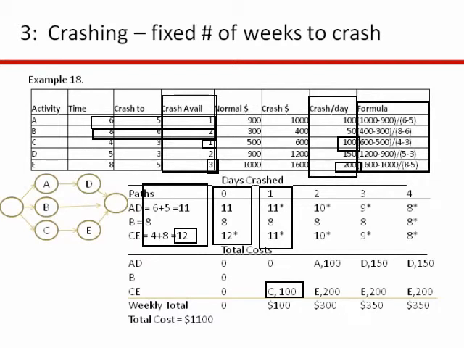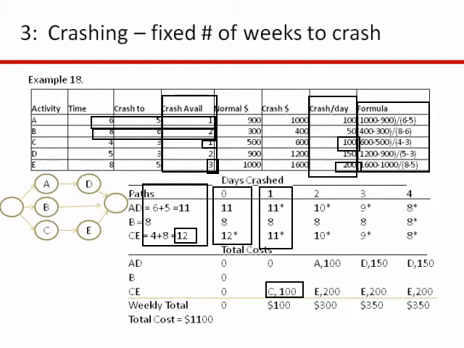Okay, so that's what I did, is I focused on my critical path, and I focused on the cheapest activity in my critical path to crash. So by spending $100, I have shortened activity C from 4 days to 3 days. All right, so any questions on how I went from 12 to 11?